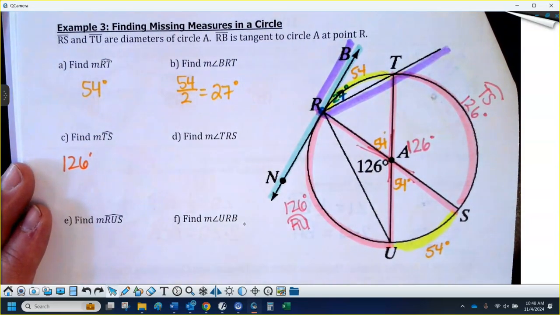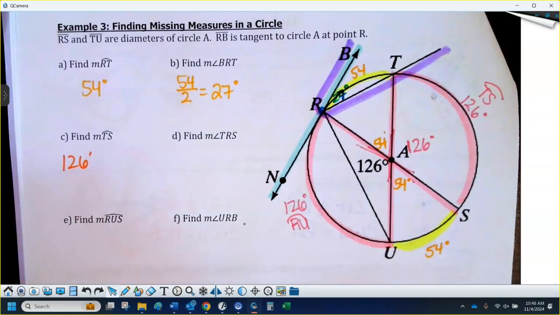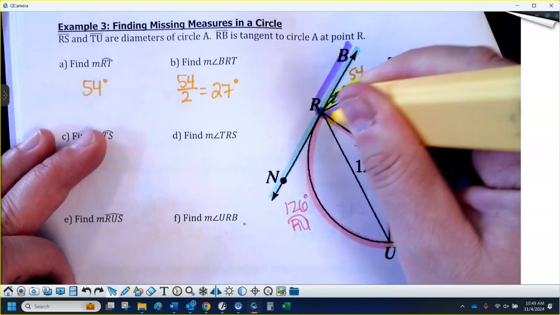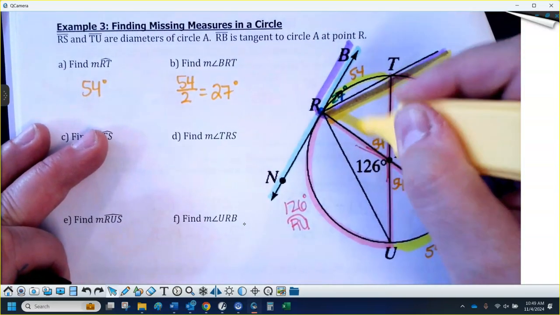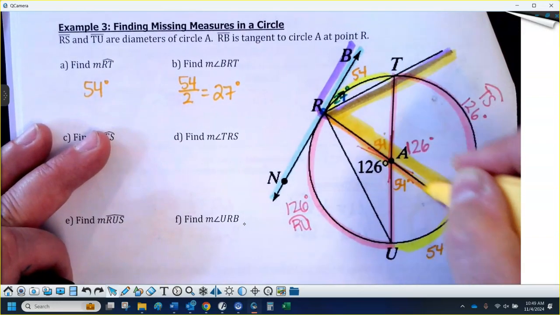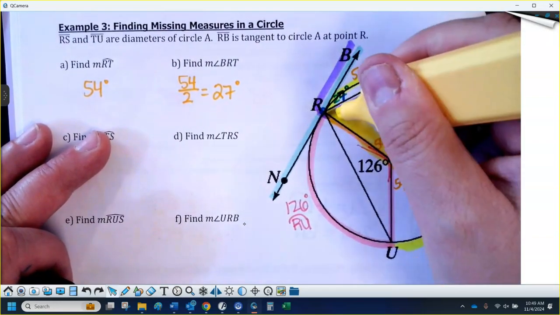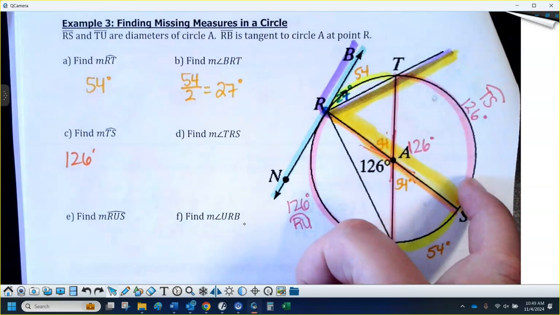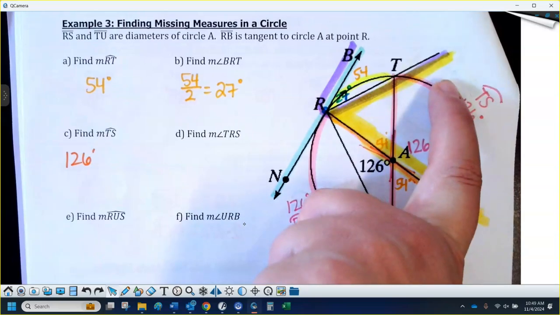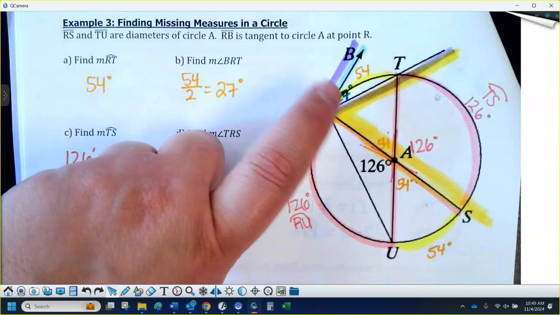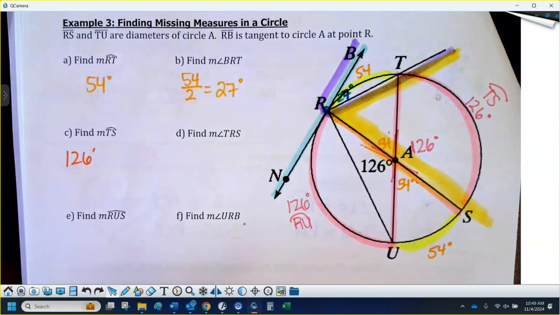TRS. Okay, let me see if I can highlight this. Here's T to R to S. So this is a little bit of review from Thursday. This is a chord and another chord that are forming that angle. They run into this arc, which is 126. So if the vertex is on the circle, which R is on the circle there, you're just going to cut that arc in half.